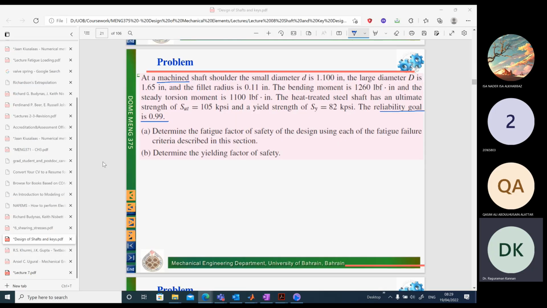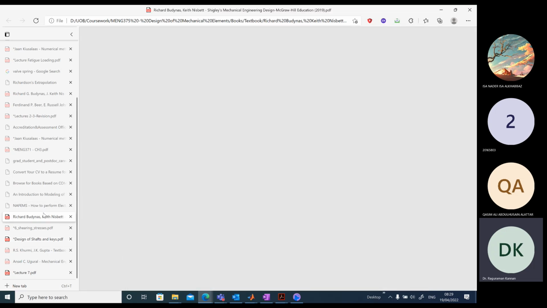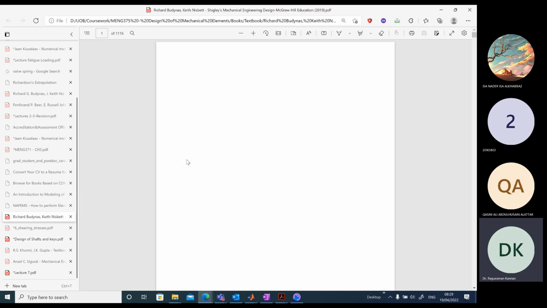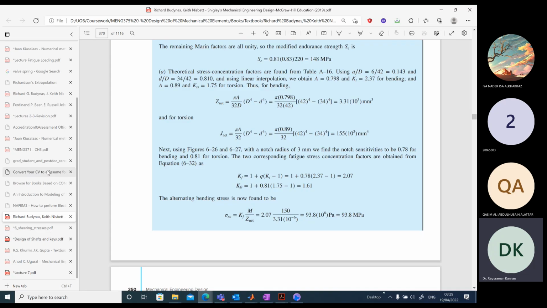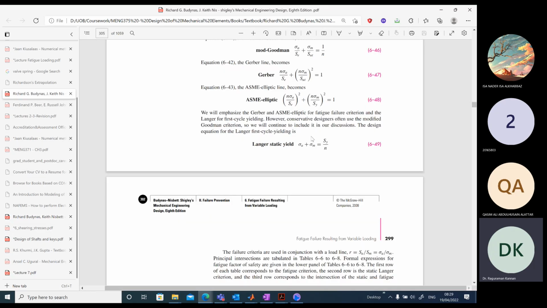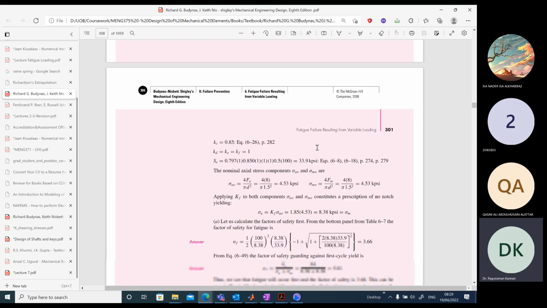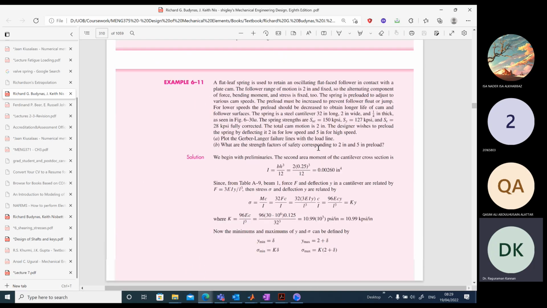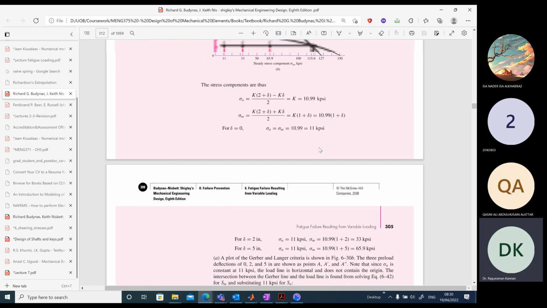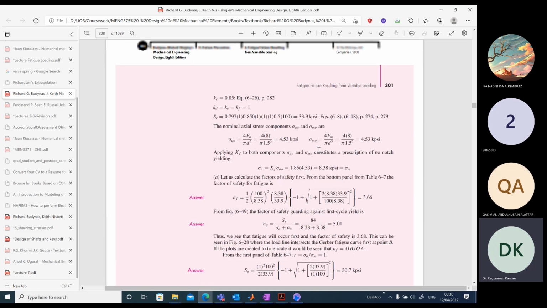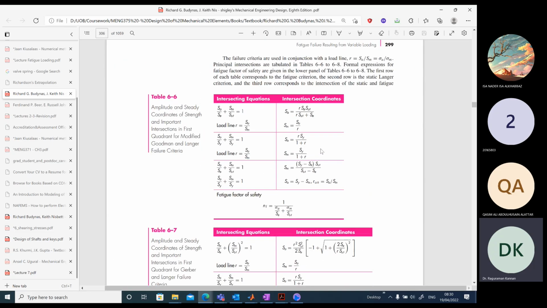So we go by using the formulas. Let's see here. If we have the formula over here for Ka, this is the new version of the book. I'm going to work with the old version of the book so that we may have the same Marin factors.